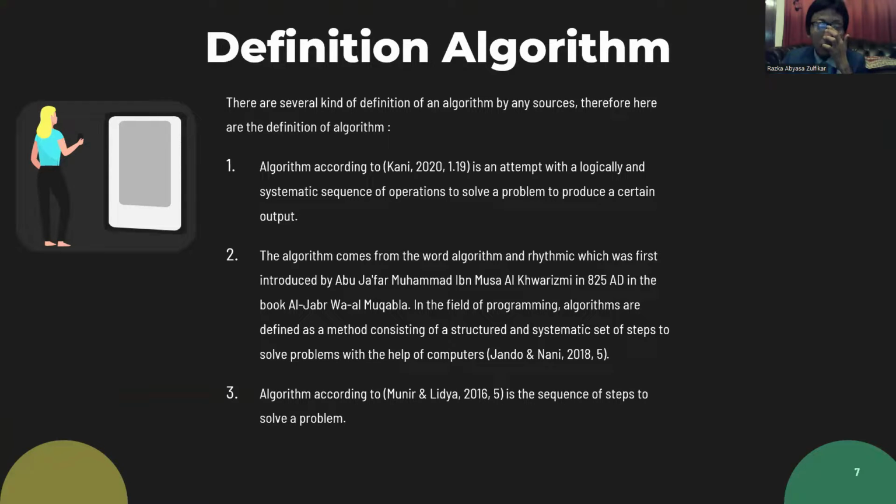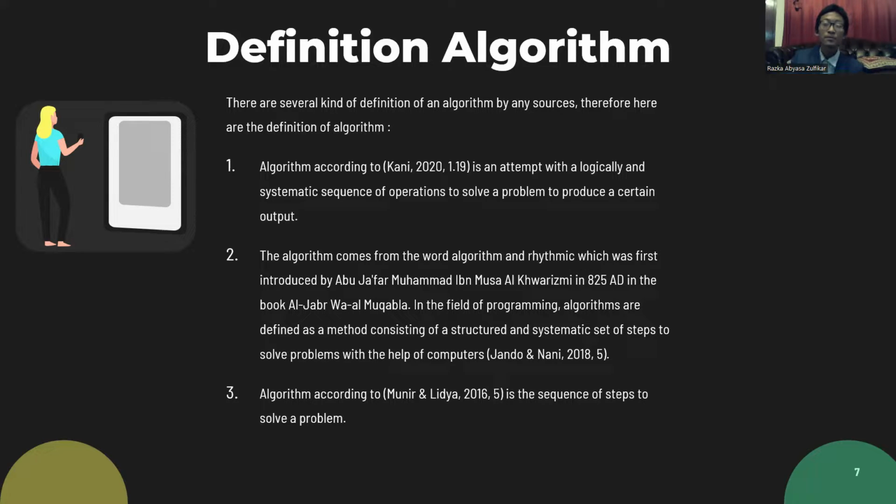Therefore, here are the definitions of algorithm. Number 1, algorithm according to Kenny, 2020, is an attempt with a logical and systematic sequence of operations to solve a problem to produce a certain output.